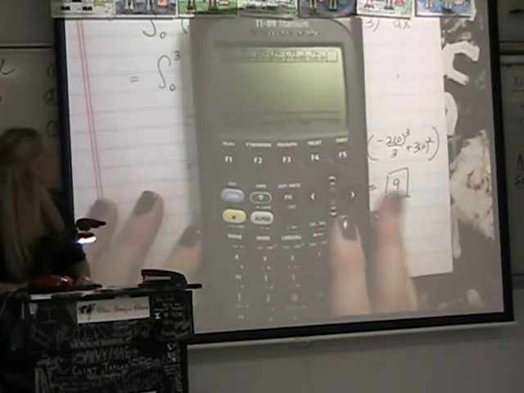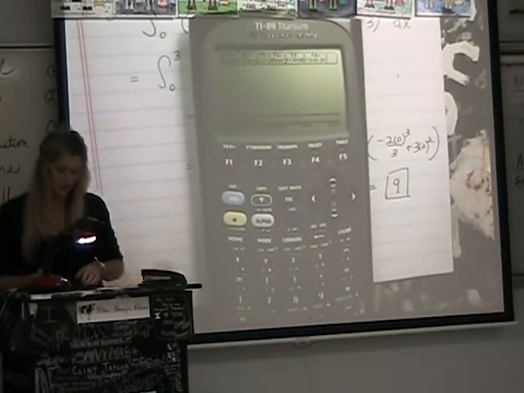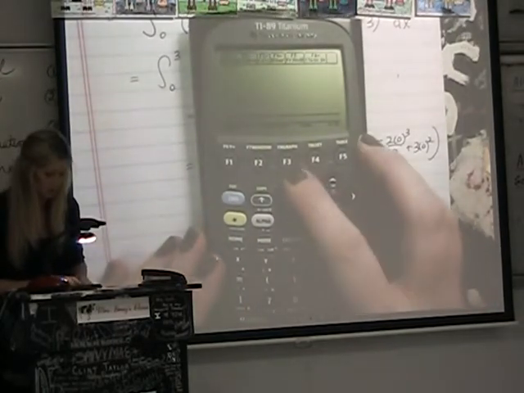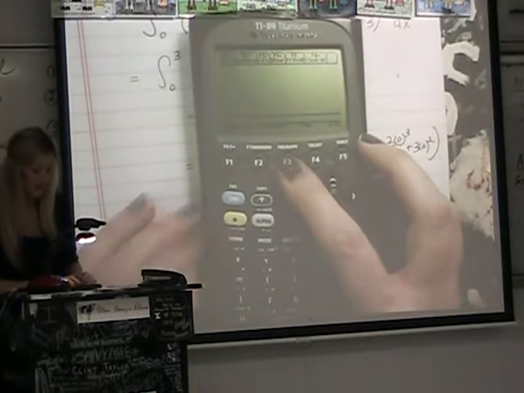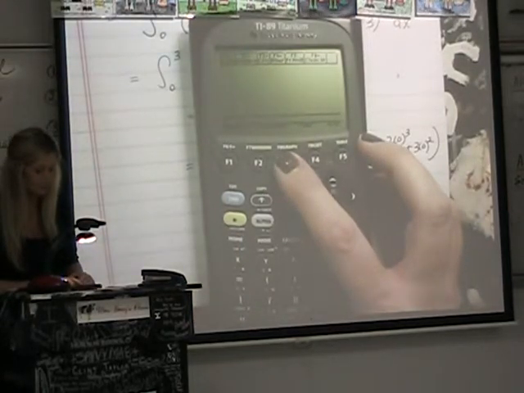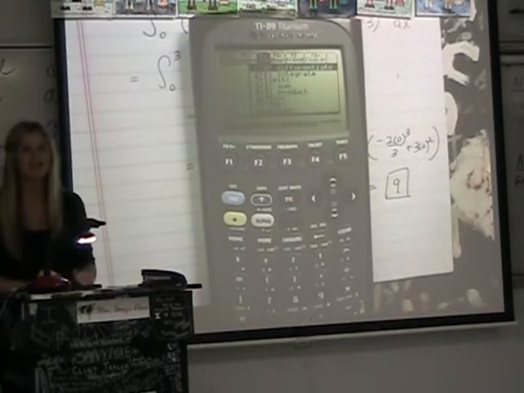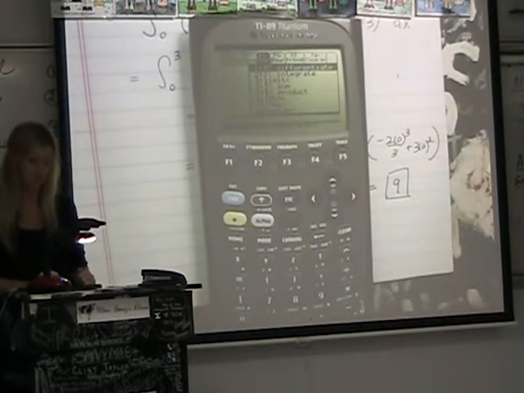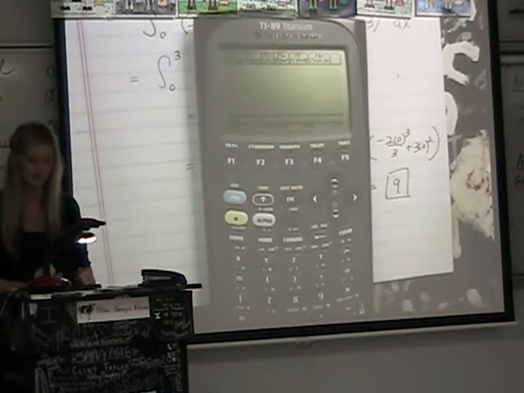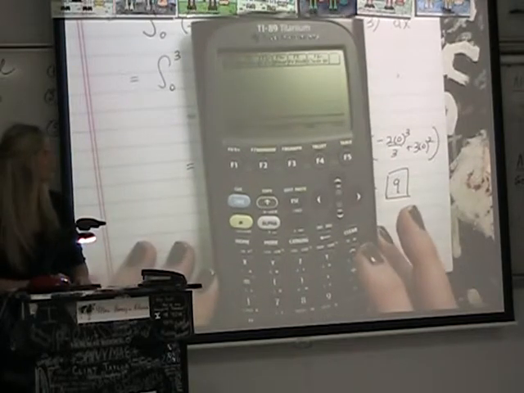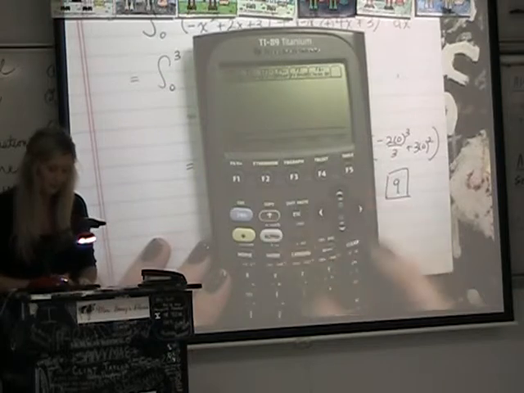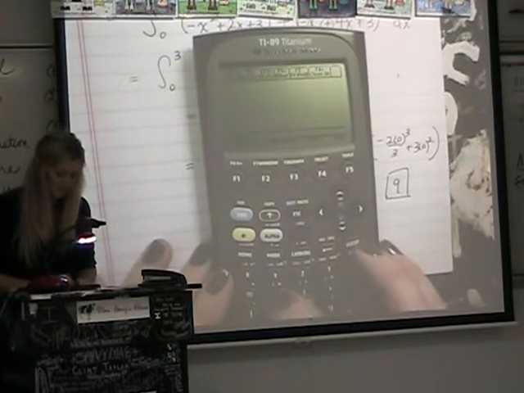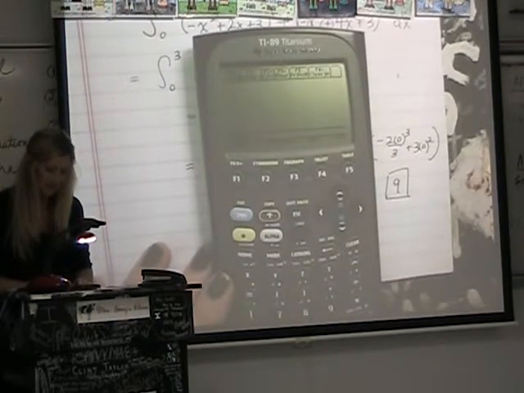Okay, so we are going to go to your home screen first of all, and then go to F3, number 2. F3, number 2. And you're going to type in, open parenthesis, negative x squared.